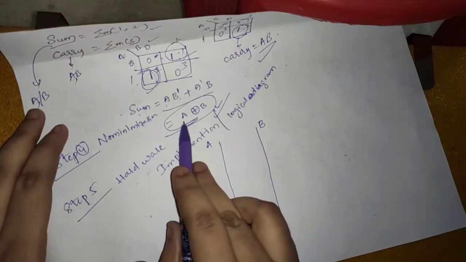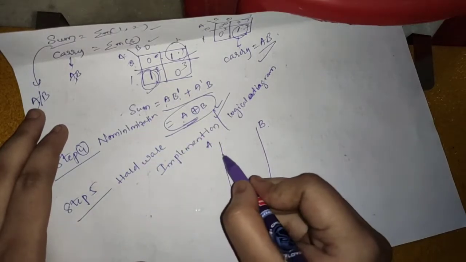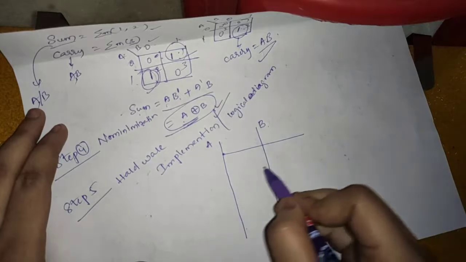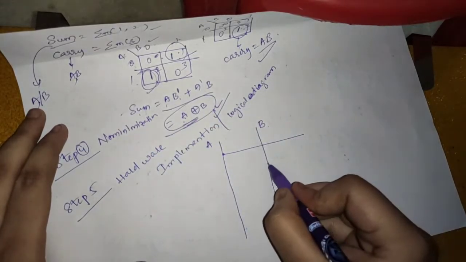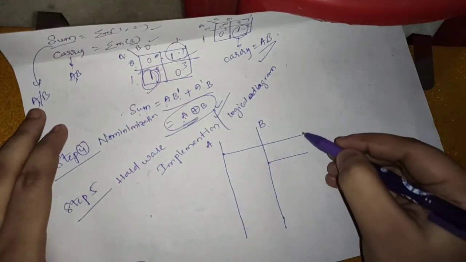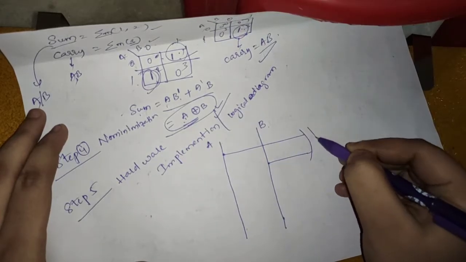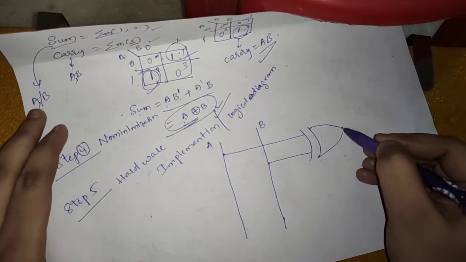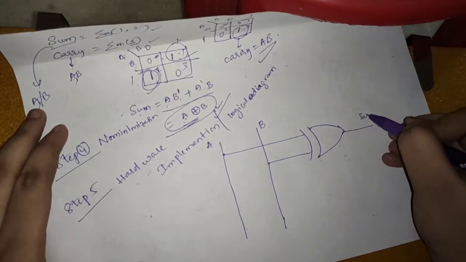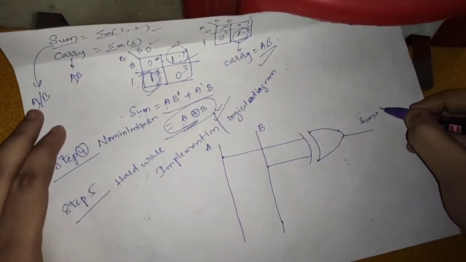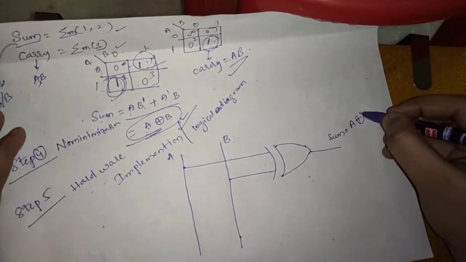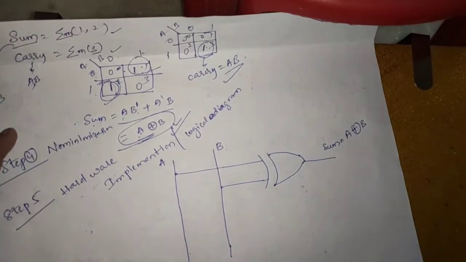First the sum is nothing but XOR operation, so take A and B, and draw the XOR gate. This is nothing but sum. It is nothing but A XOR B. Okay.